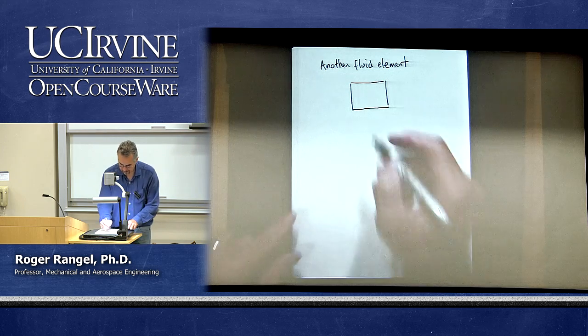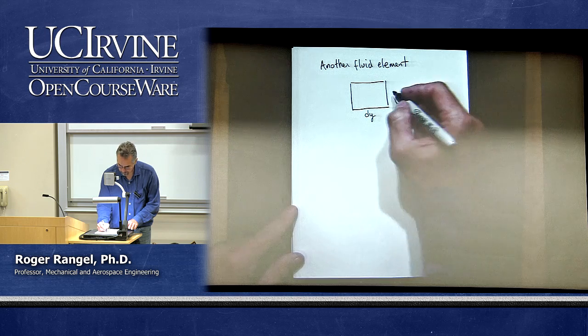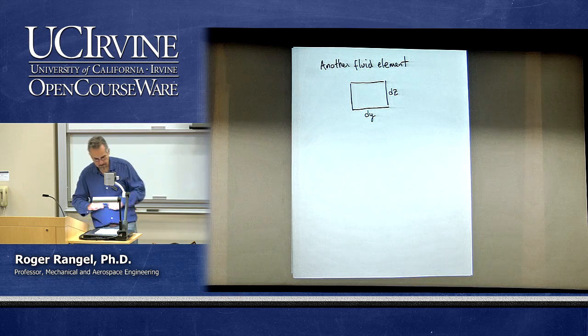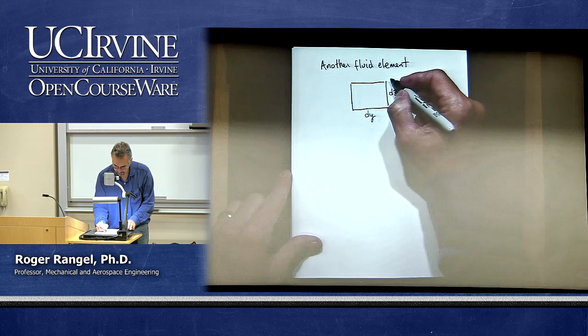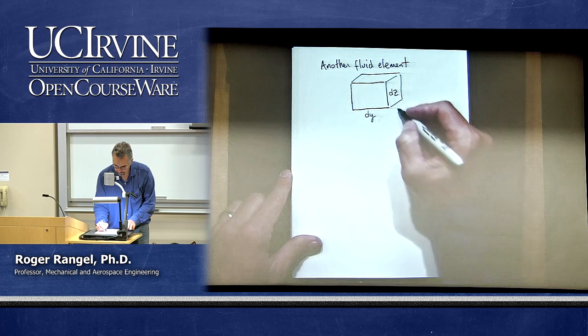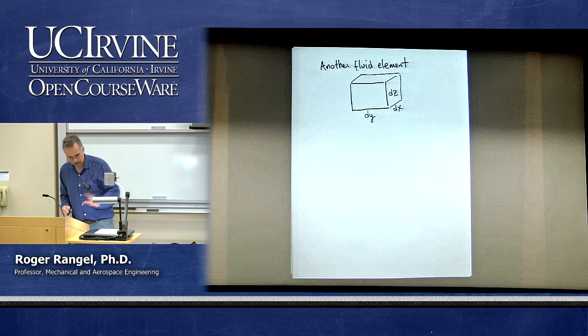Right? So say that it's dy in this direction, dz, like we had it there before, and of course dx, if I draw it in 3D, then I would also have a dx. And I'm going to do the same thing.